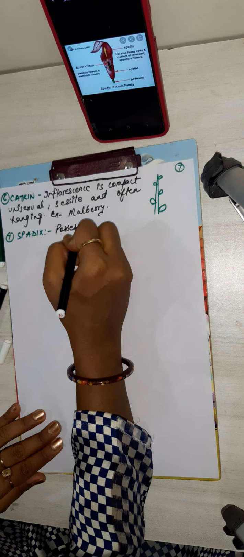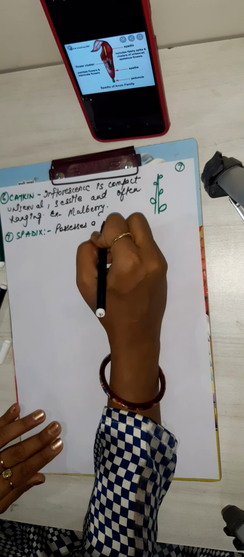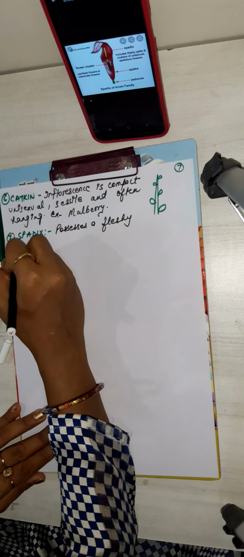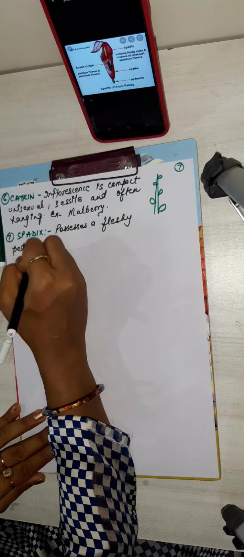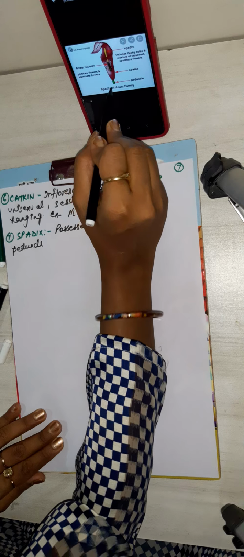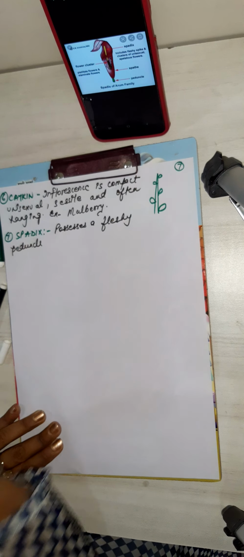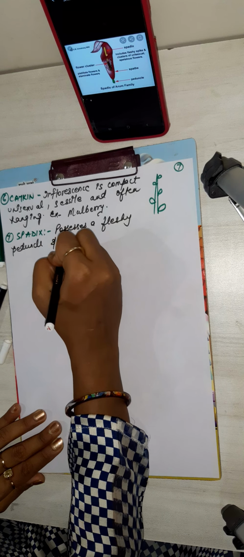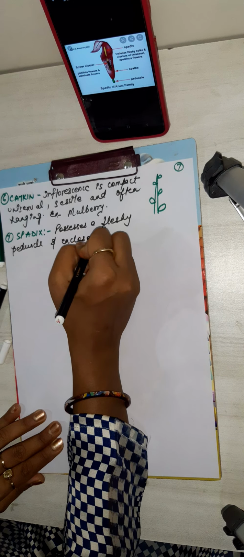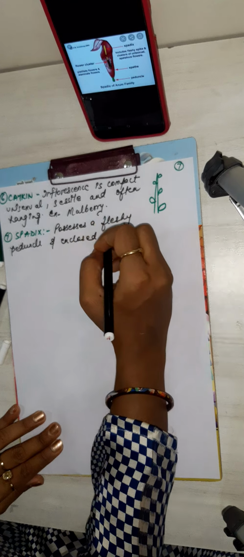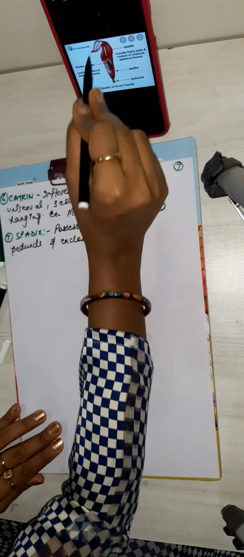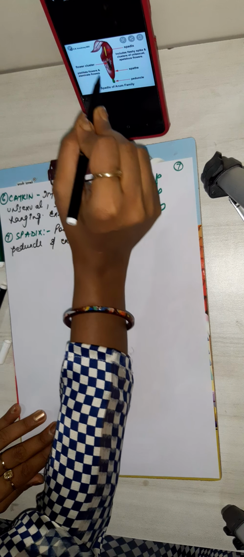It possesses a fleshy peduncle. Peduncle is fleshy and enclosed, and they are enclosed with this colorful spathe.